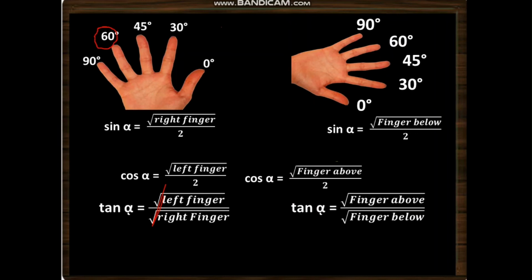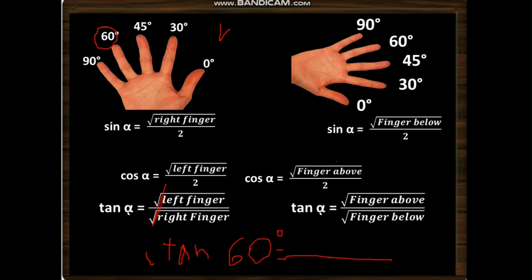So if I have tangent 60 degrees, kunyari, dito ako magsusulat. Ayan, tangent 60 degrees. So we have, ilan po ba yung atin pong daliri na nasa kaliwa or kanan.